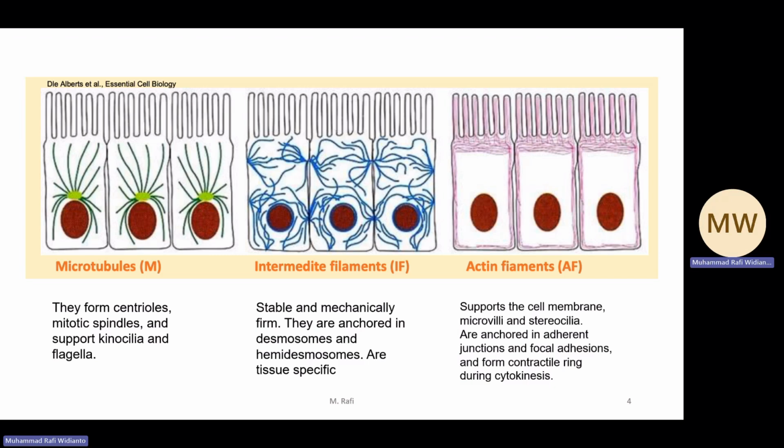And we have the IMF, which is connected between adjacent cells with the desmosomes and the hemidesmosomes. You will learn more about junctions in the next video. And we also have the actin filaments, which are on the periphery of the cell, so they are mainly there for the integrity of the cell shape along with the microtubules. They are also part of the microvilli, as you can see here.